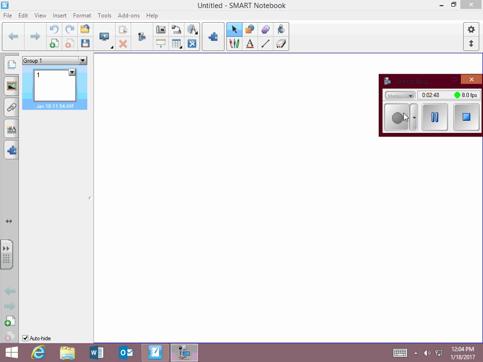Now the first postulate that they put forward on page 40 is every line contains at least two distinct points. The second postulate is two points are contained in one and only one line. The third postulate: if two points are in a plane, then the line containing these points is also in the plane.